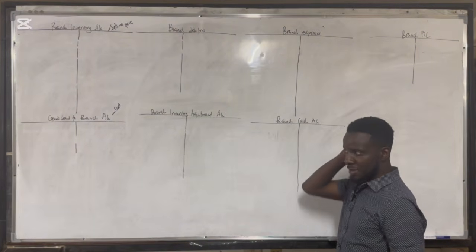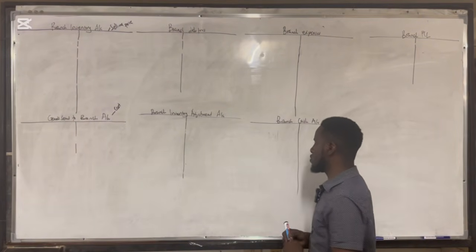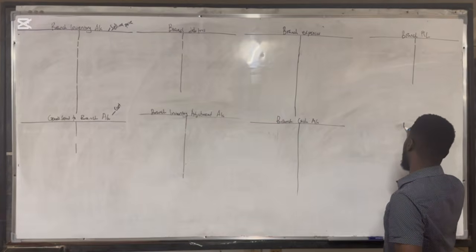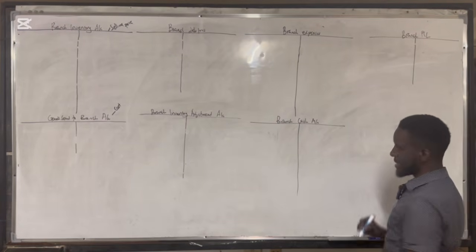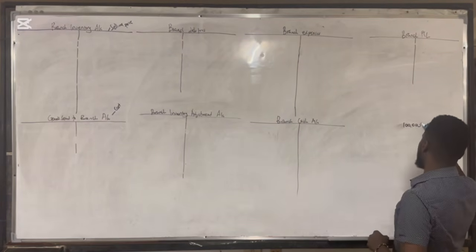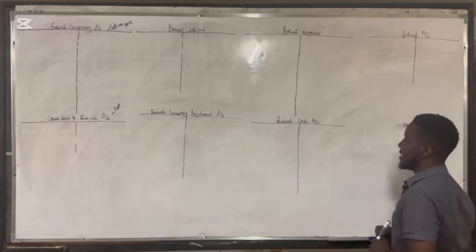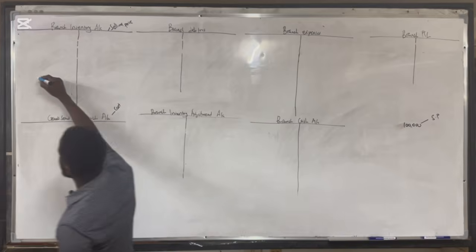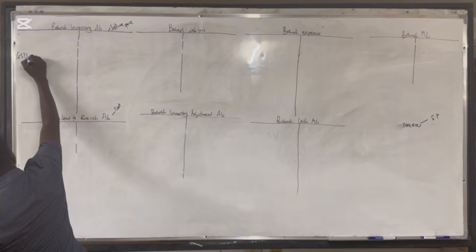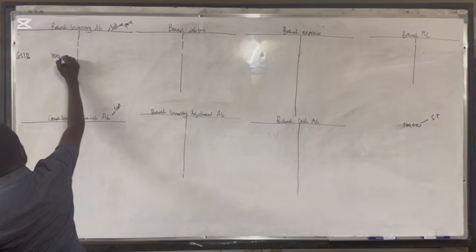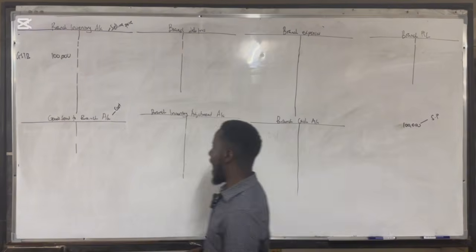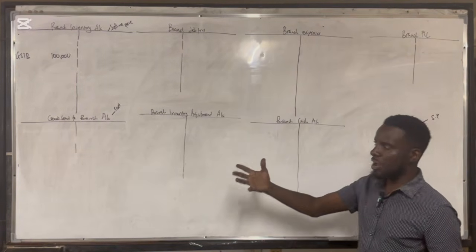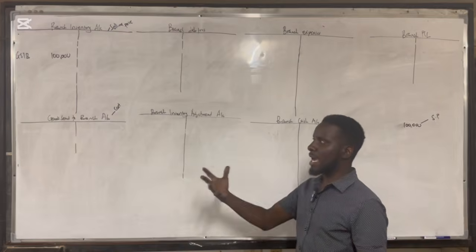So meaning, for example, if you send goods and the goods you have sent are worth, let me say 100,000, and I'm going to assume that this is the selling price. So if this is the selling price, it means I'm going to record here goods sent to branch at 100,000. But I assume that on those goods that are worth 100,000, I have put a markup.